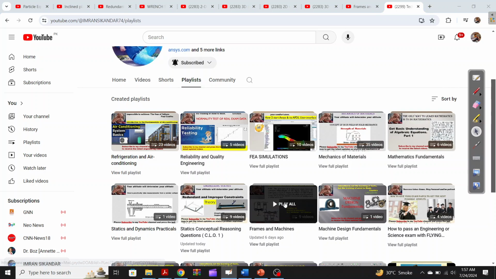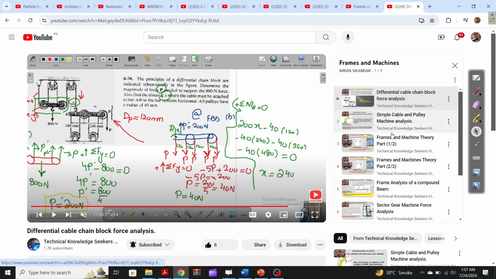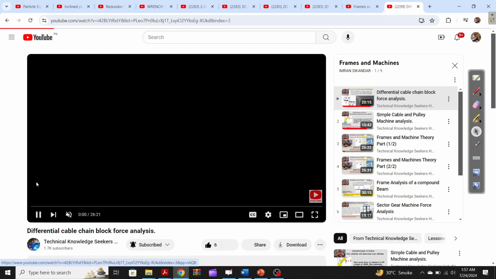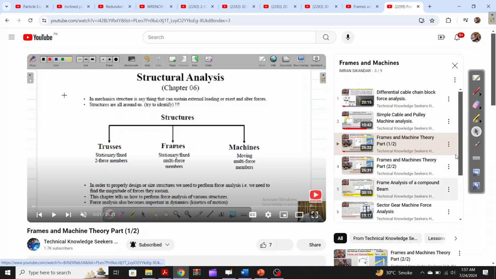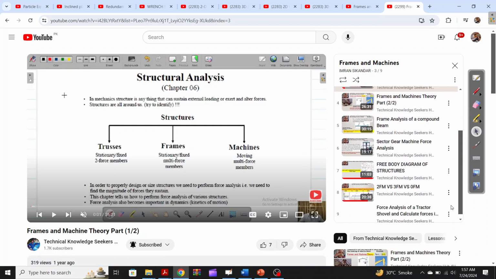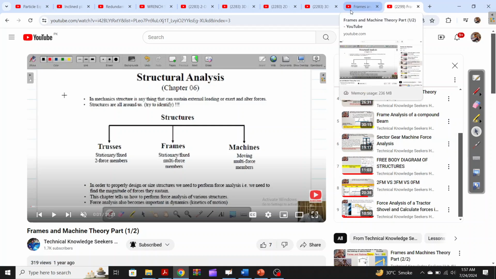You just click it up, and once you click it, you will get the entire playlist for you guys. You can see the theory of frames and machines explained over here. Over here you can understand all the numericals that I've made. Okay, so very important. Here you can get the basic fundamental understanding of frames and machines.